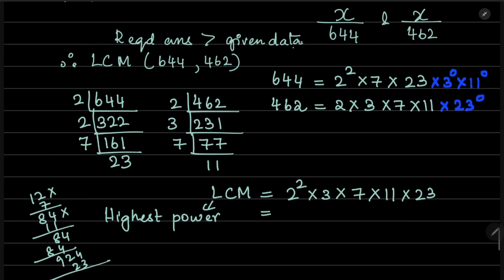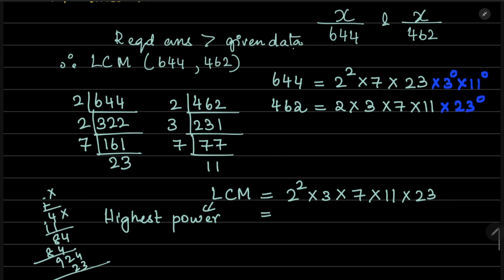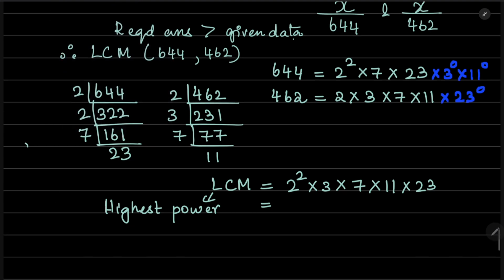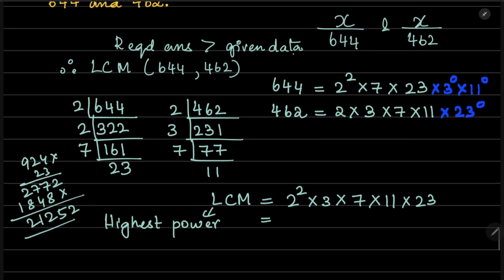Okay, so let me take some more space and do it. 924 multiplied by 23. So 4 3s are 12, 2 1s are 7, 27 multiplied by 8, 4 18. So the answer is 21258.